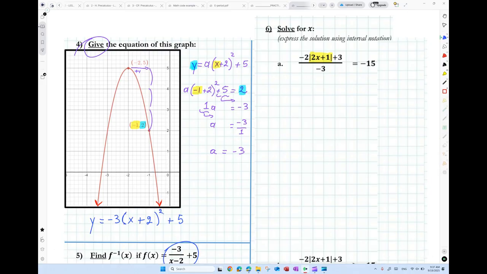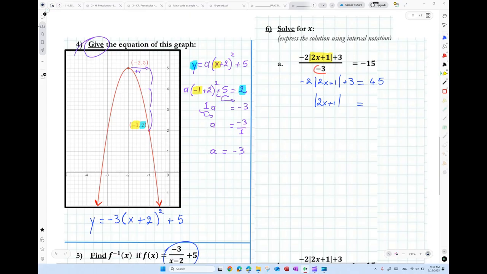So here I'm going to cross over this division by -3. I will have a multiplication by -3. And -15 times -3 is positive 45. And then here I'm going to do 2 crossing over at once.